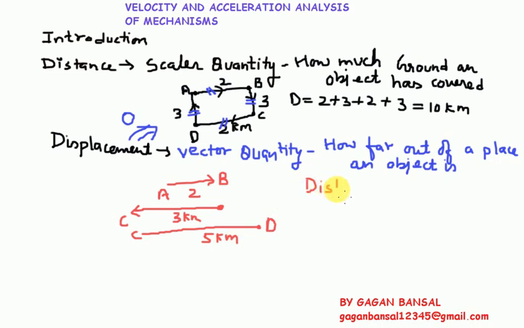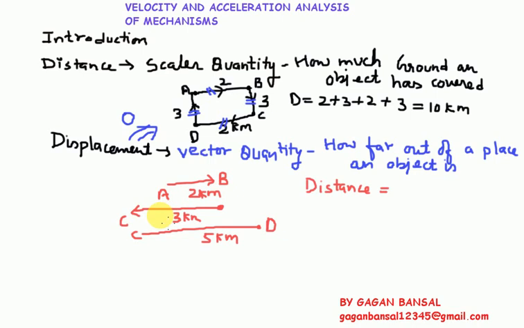distance will be how much? How much ground has an object covered? First, from A to B, 2 kilometers, then B to C, 3 kilometers, and then from C to D, 5 kilometers. This is a straight line, a person is moving in a straight line.